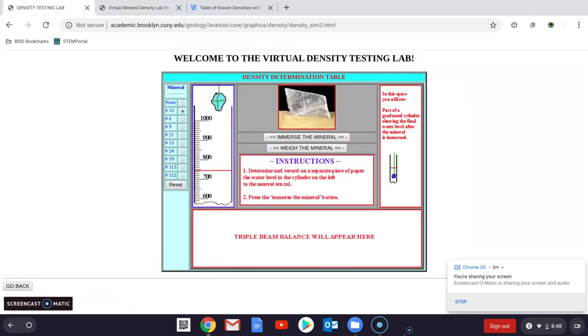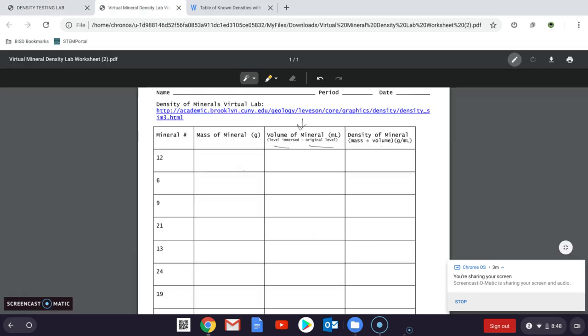With this, what we're figuring out right now, that was the original level. So we're going to put that on here, which was 745. Yes, that's a 4. 745 milliliters.